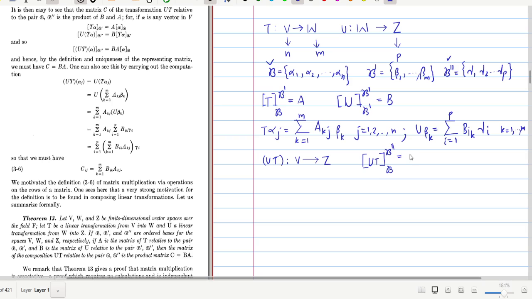If I call that matrix C, and C i j is the arbitrary ijth element of that matrix, then this is obtained as follows.